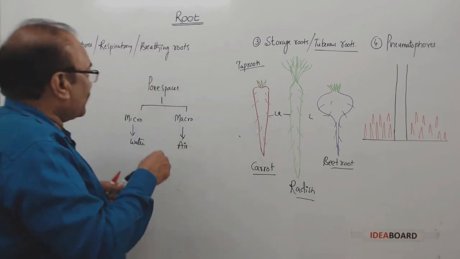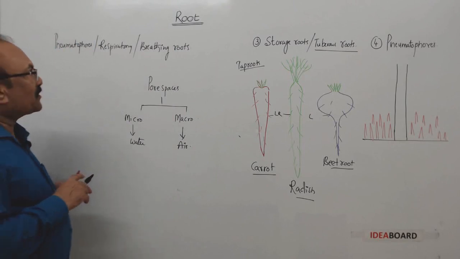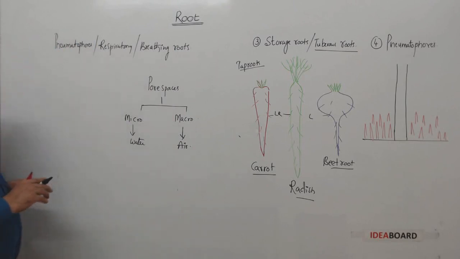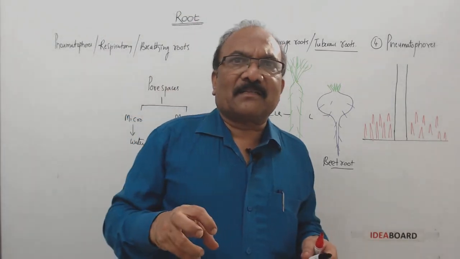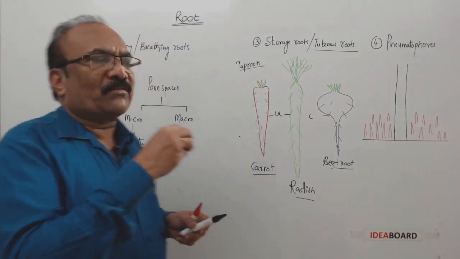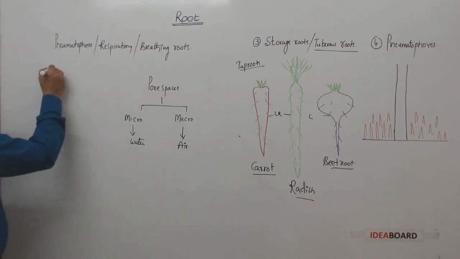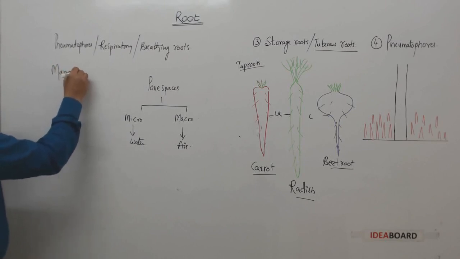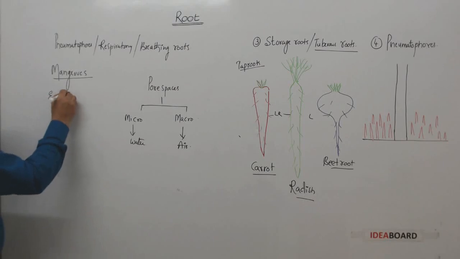So even the macropore spaces are occupied by water, and in such marshy areas, not all plants can survive. Only some plants with this modification, pneumatophores, will survive. And we call the plants which grow in marshy areas what? Mangroves.